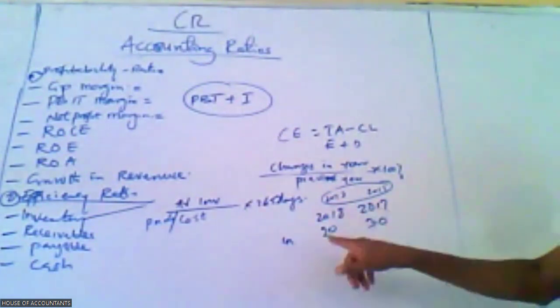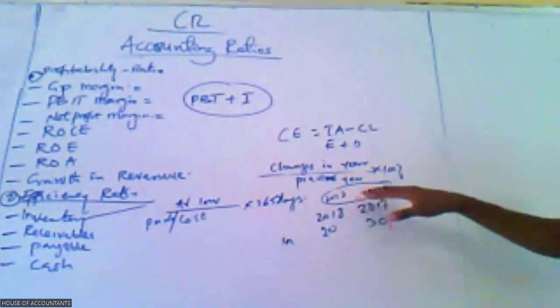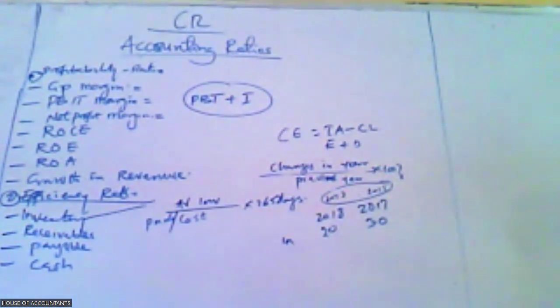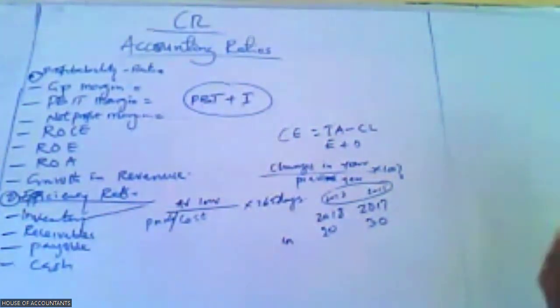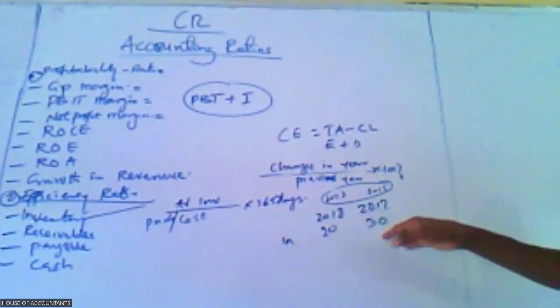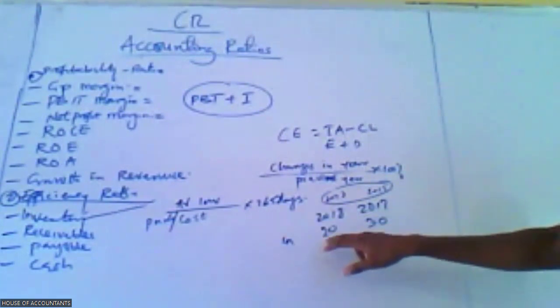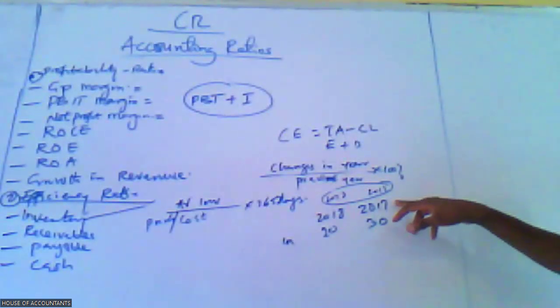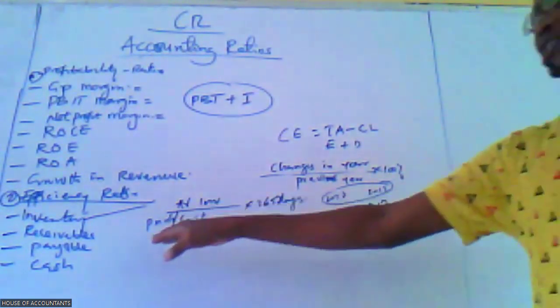Whatever we do for 2018 must be the same thing we do for 2017, so that we can compare the two. So we will only use the closing figures, which are 20 and 30. When calculating for 2018, you use 20; for 2017, you use 30. Then divided by purchases, of course.